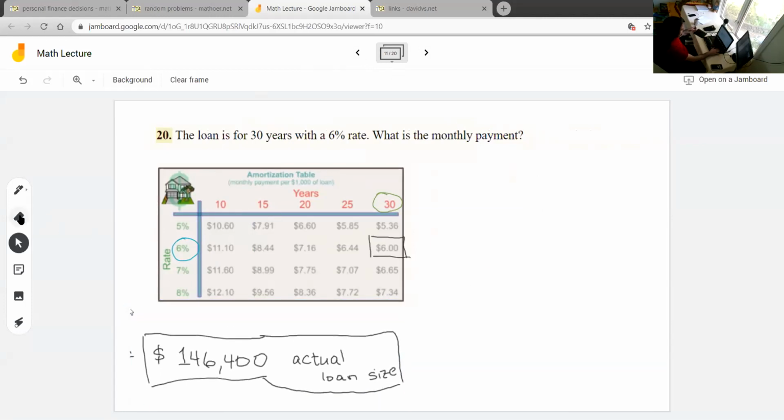So what we actually need to do then is just take the 146.4 thousands of loan, multiply that by the $6 from the table, and get 878.40.